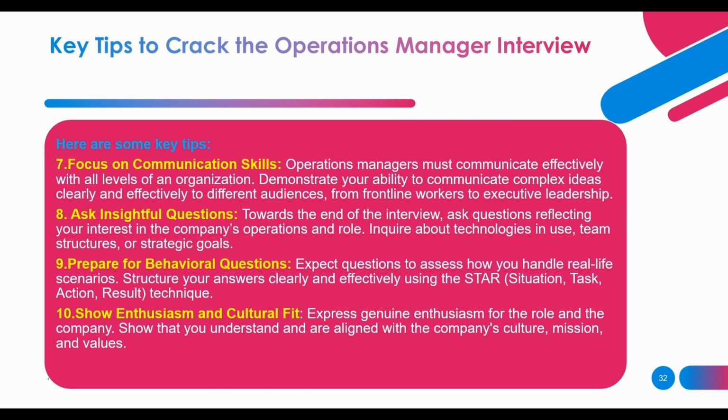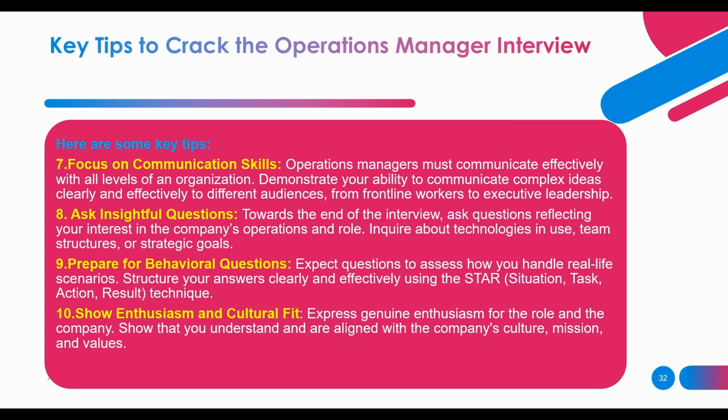7, focus on communication skill. Operation manager must communicate effectively with all levels of an organization. Demonstrate your ability to communicate complex ideas clearly and effectively to different audiences, from frontline worker to executive leadership.